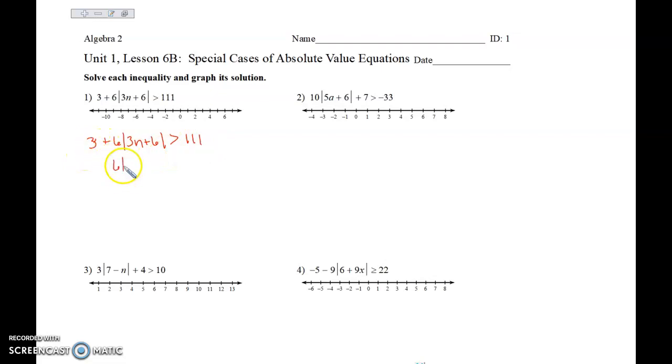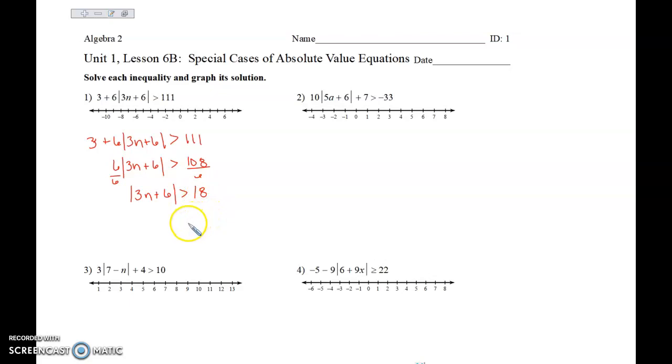So you're going to have 3 times the absolute value of 3n plus 6 is greater than 111 minus 3 equals 108. Okay, you're then going to divide by 6. So you should get the absolute value of 3n plus 6 is greater than 18.